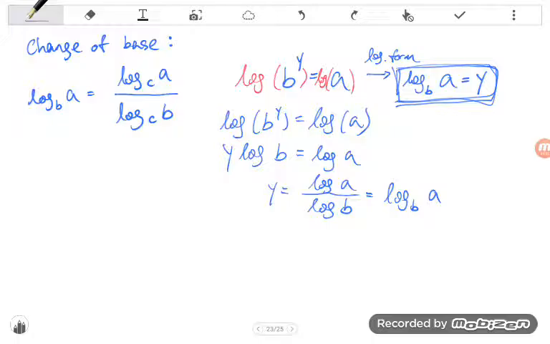There's one very common mistake that I would like to point out, and I'm going to write that in red, which means please do not do that. When I got to this step, I have y is equal to log a over log b.